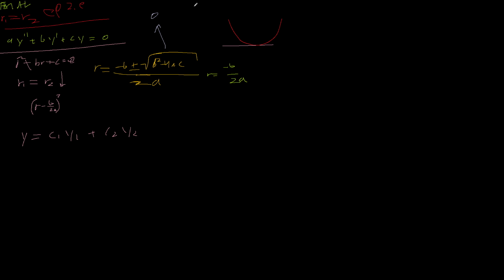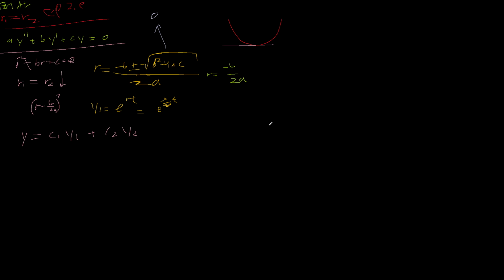And we have one solution here. y1 is equal to e to the rt, or e to the power negative b over 2a times t. But I'm missing this y2. So what are we doing for this y2?